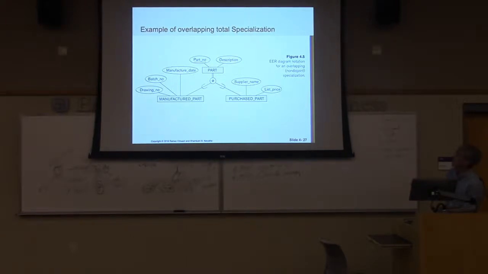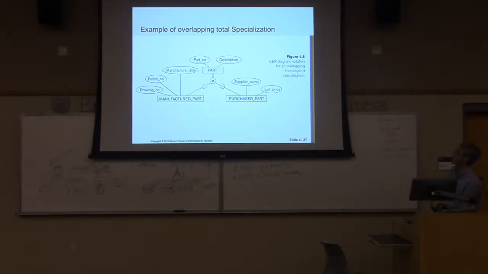Full participation and overlap, meaning a part should be one of these, right? It's a full participation, at least one of these. It allows overlap, meaning manufactured part or purchased part or manufactured and purchased part. It's an overlap. So that is the meaning of it.